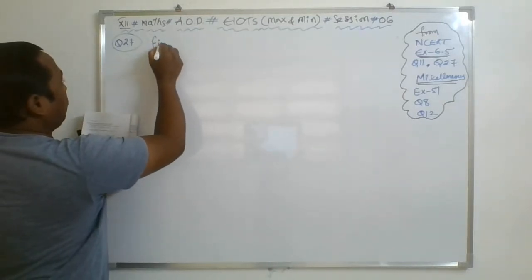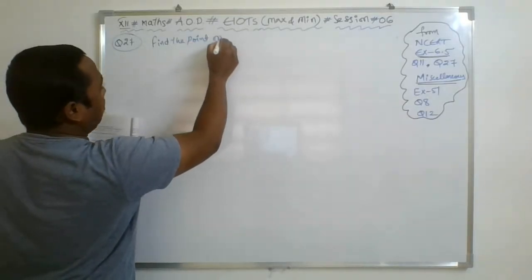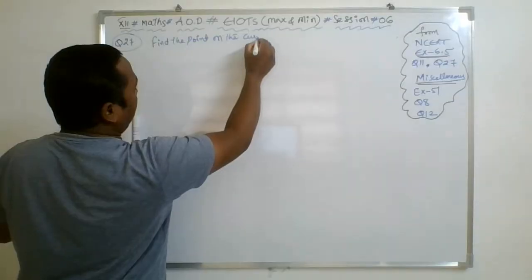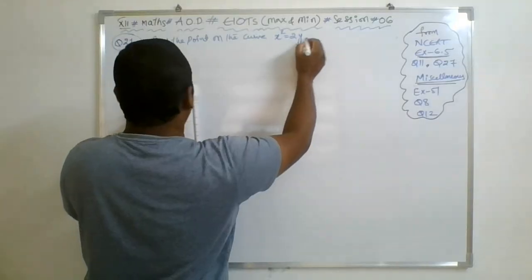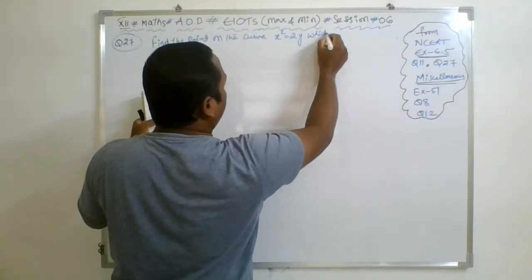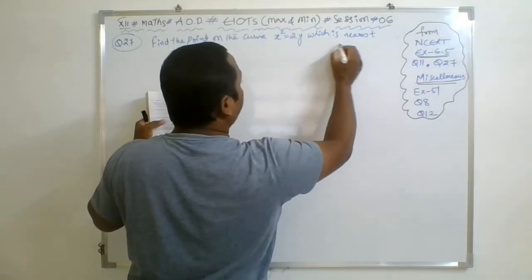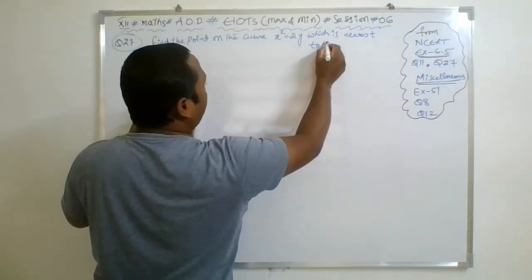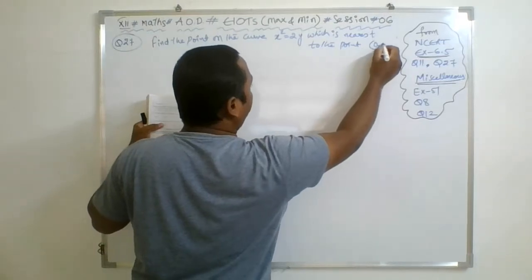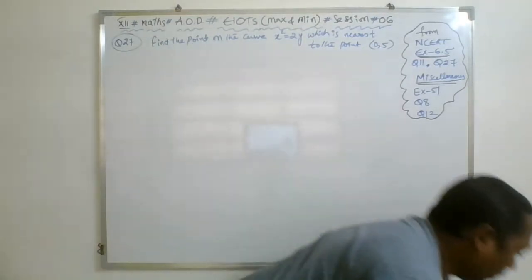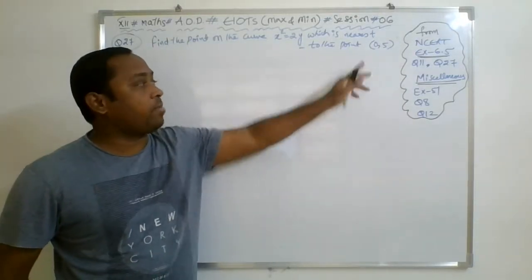Find the point on the curve x square is equal to 2y which is nearest to the point 0 comma 5. Find the point on the curve which is nearest to this point 0 comma 5.